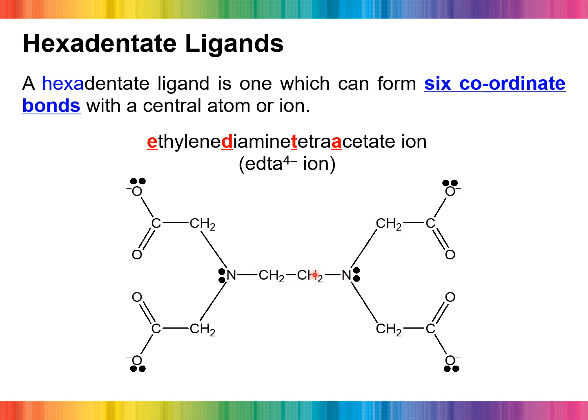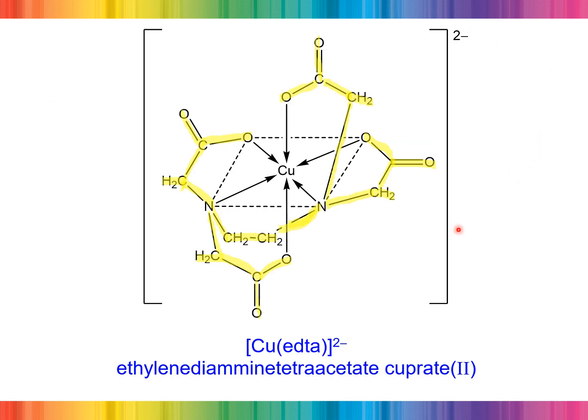The original is like en, but the NH2, instead of H2, they have been replaced with an ethanoate part. So this is a very interesting ligand. Let's see what it can do. This is how an EDTA ligand wraps around the central metal atom or ion.